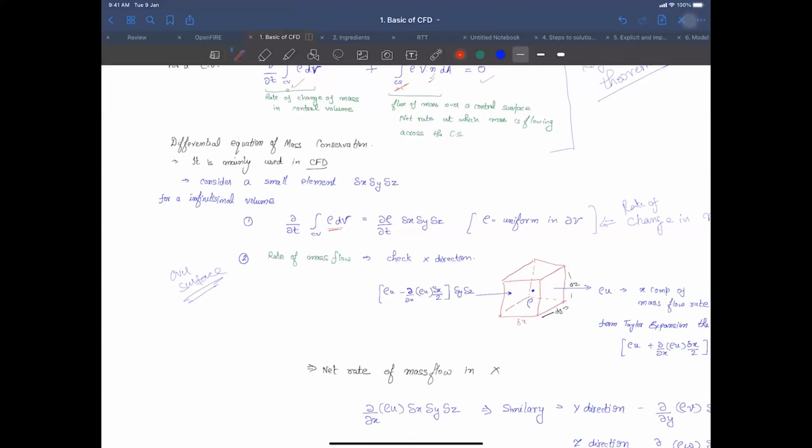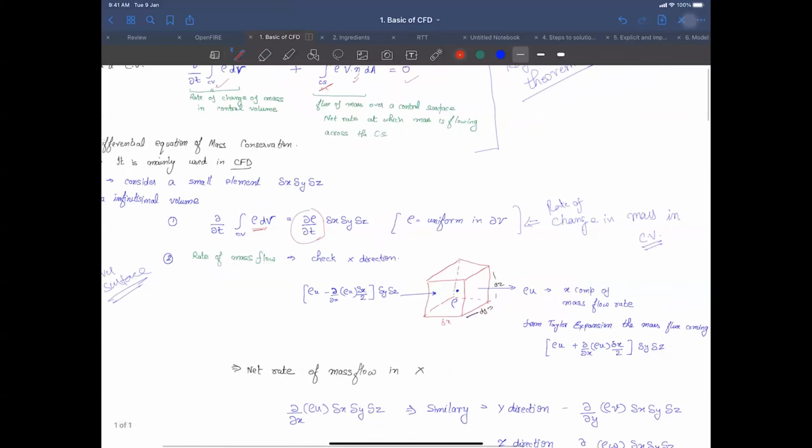Density is usually fixed for any fluid generally. So the rate of change of mass for the control volume, rho dV, will be rho delta x, delta y, delta z.